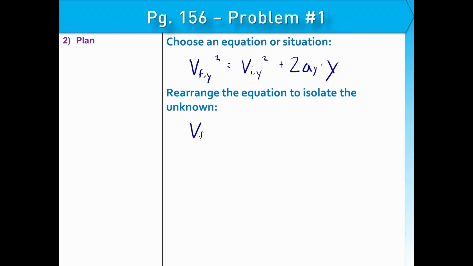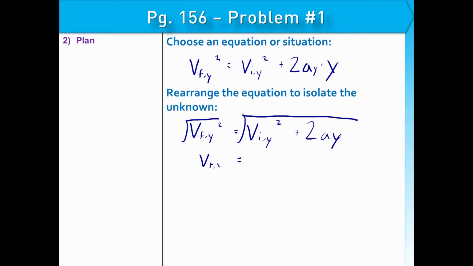Let's go ahead and solve for the unknown. In our case, our unknown is going to be the final velocity in y. So to get rid of this square, I'm going to square root both sides then. So if I square root the left side, I'm going to be left with just final velocity in y.